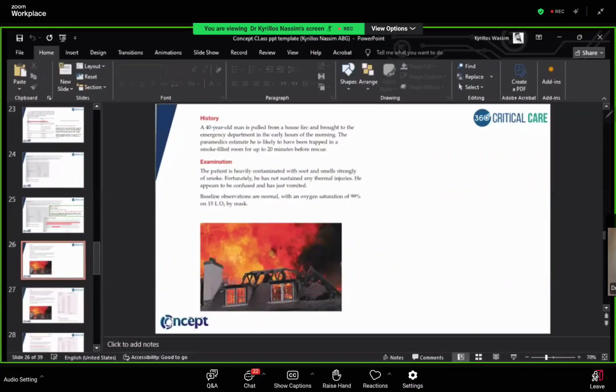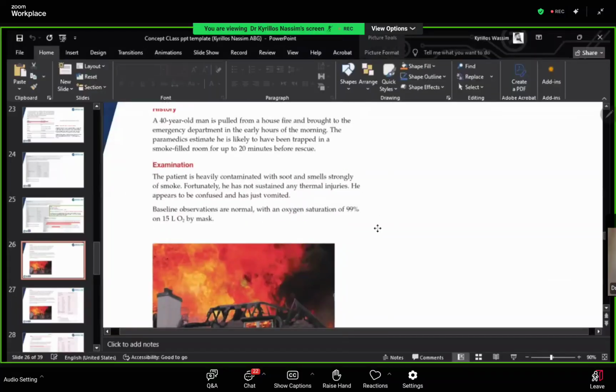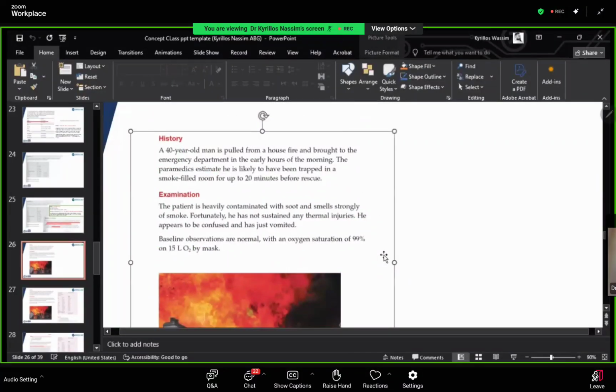You see it, or I can zoom. A 40-year-old man is pulled from a house fire and brought to the emergency department in the early hours of the morning, and the paramedic estimates he is likely to have been trapped in a smoke-filled room for about 20 minutes.